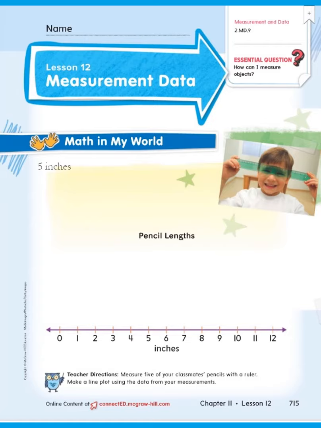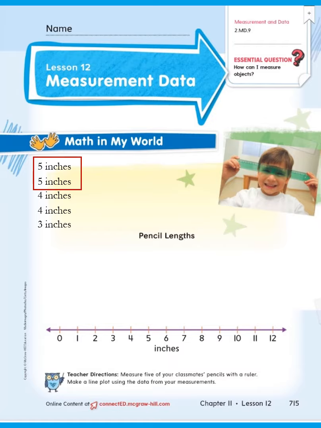And maybe one of them is 5 inches, another one is 5 inches, another one is 4 inches, and the next one is 4 inches, and one of them is 3 inches. And we need to show all of these measurements, all of this data. Remember that word from way back in March? We need to show all of this data on our line plot.